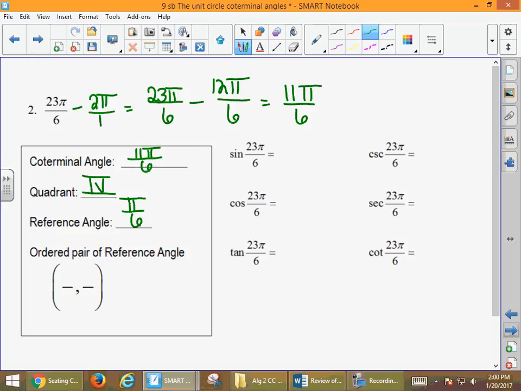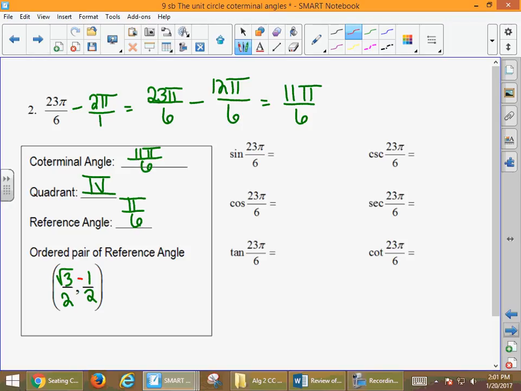And then our ordered pair for this, taking a deep breath here, radical 3 over 2 and 1/2. I have to stop and think sometimes as well. Do either of those need to be negative? The second part, it needs to be negative 1/2. We're in the fourth quadrant. In the fourth quadrant, our ordered pairs all have positive x values and negative y values.